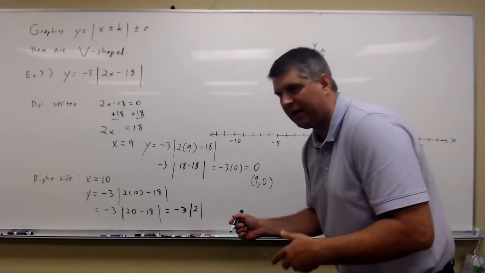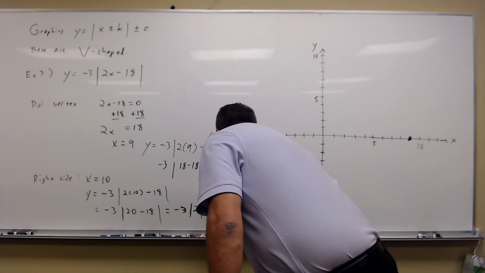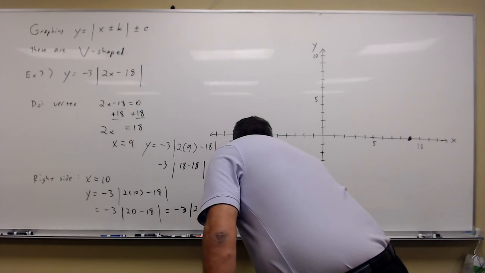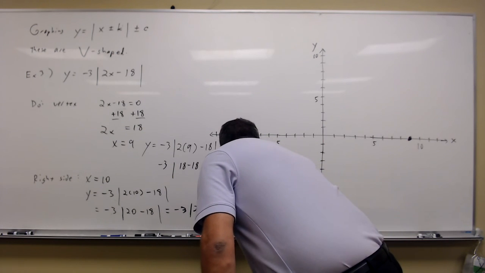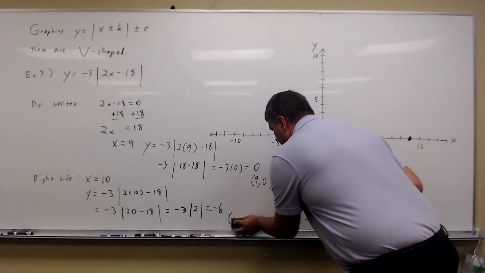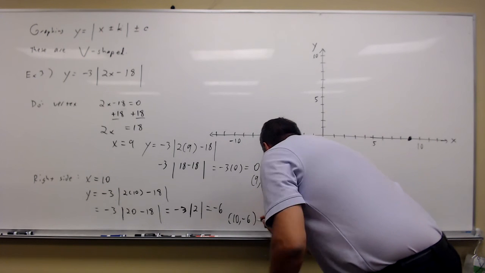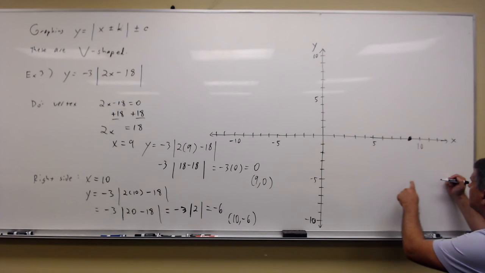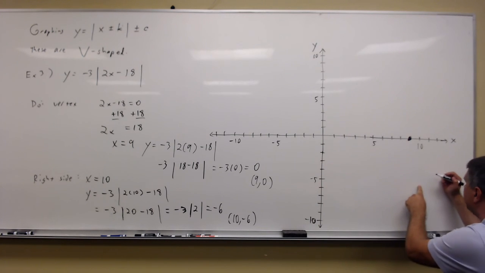Well, the absolute value of 2 is 2. So this is actually going to be negative 6. So this would be 10, negative 6.